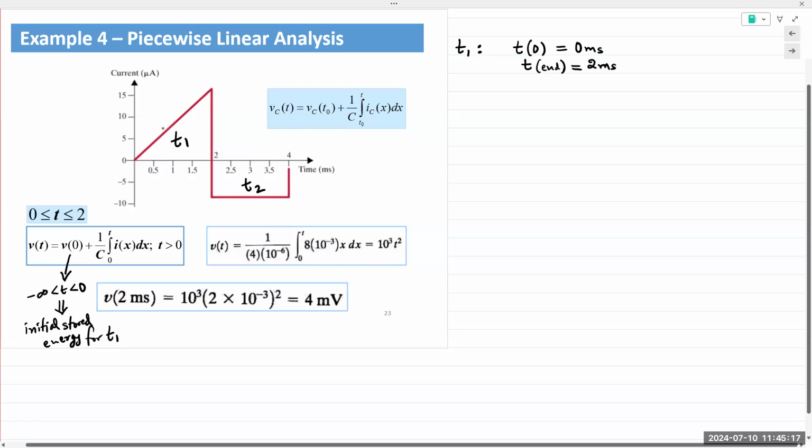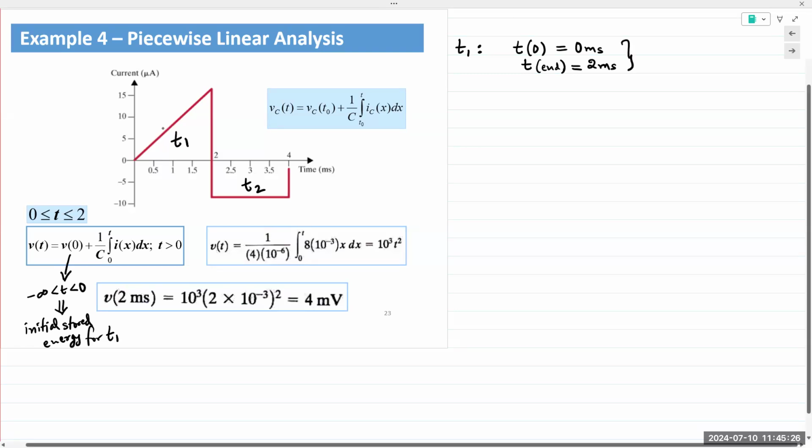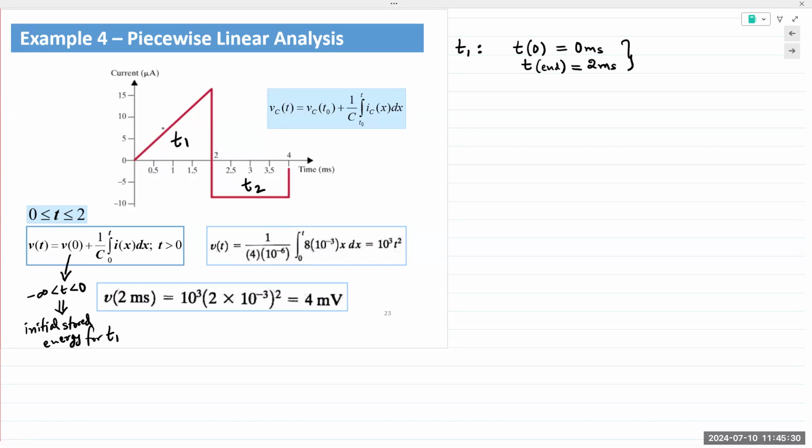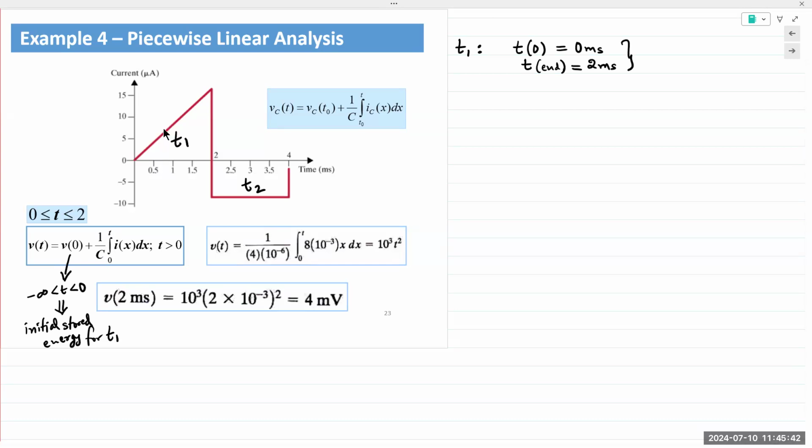Our job is to derive an equation that would describe the value of that voltage between 0 and 2 milliseconds. So beginning of my analysis is 0 milliseconds, end of my analysis is at 2 milliseconds. And this is very important. Here we state 0 to t. This 0 to t is indicating 0 and 2 milliseconds.